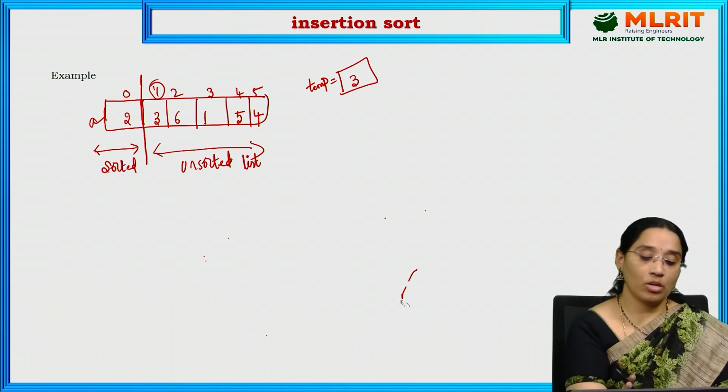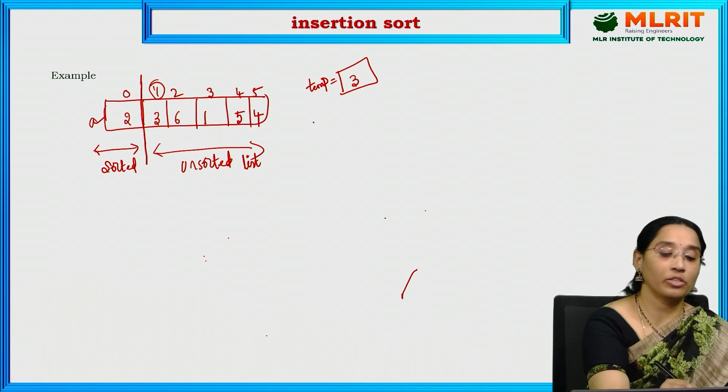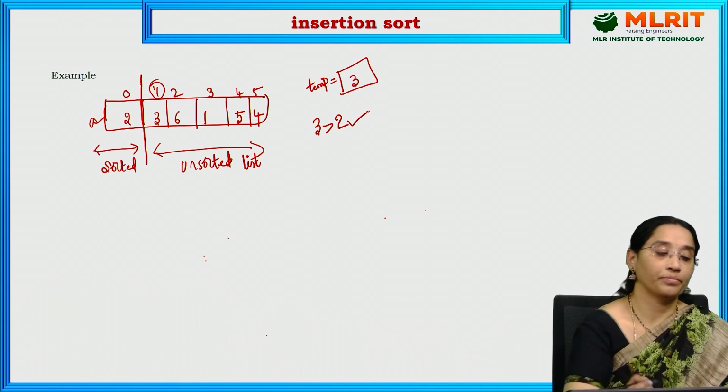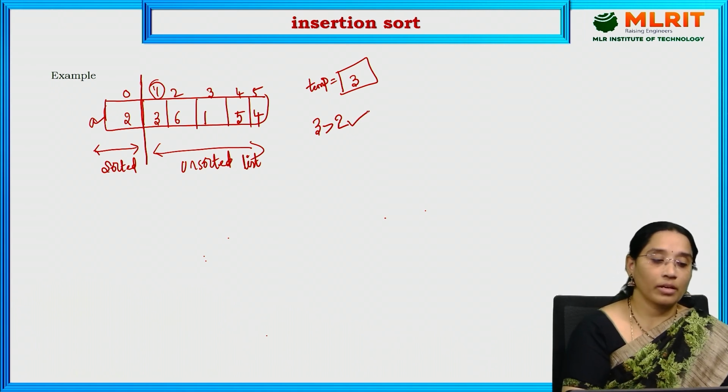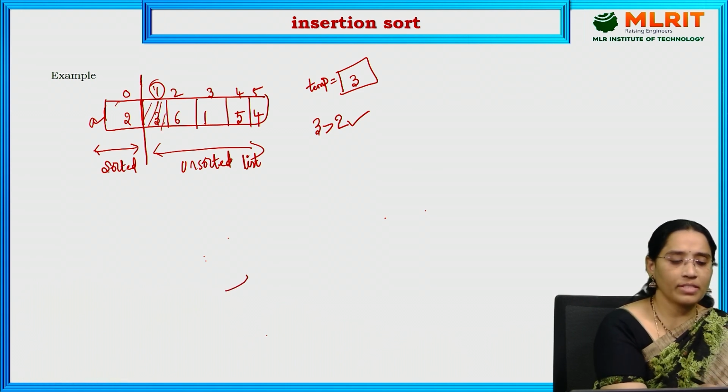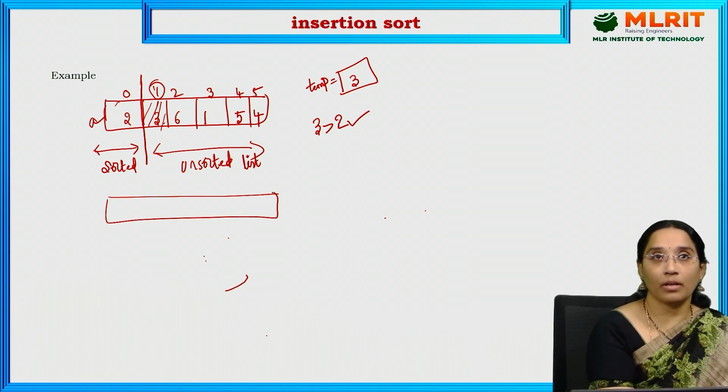Here the temp value is 3. 3 is compared with 2. 3 greater than 2, the condition is true. So this element is obviously at its correct position, and there is no need to swap anything.